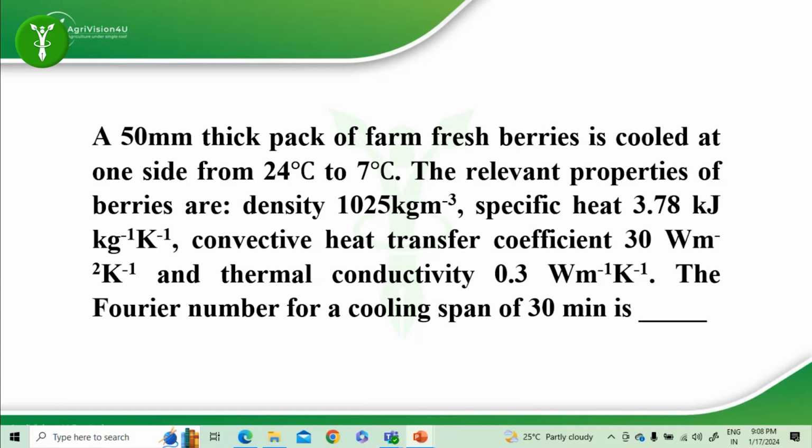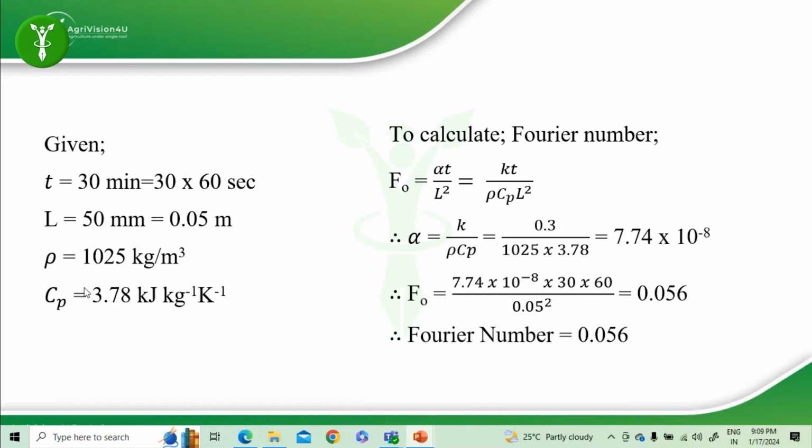What is given to us? We have been provided with the density, specific heat, convective heat transfer coefficient, as well as thermal conductivity. We will pen down first what is provided.